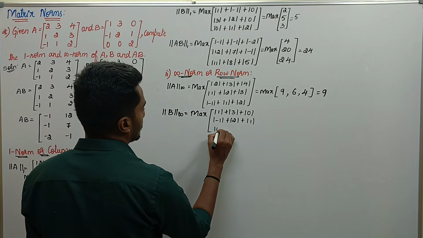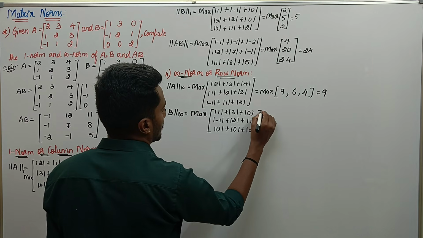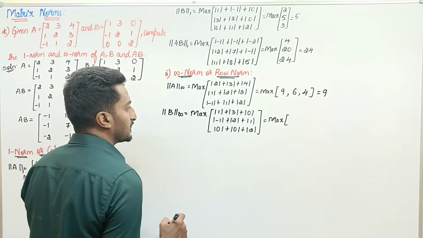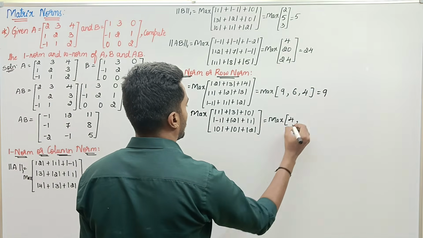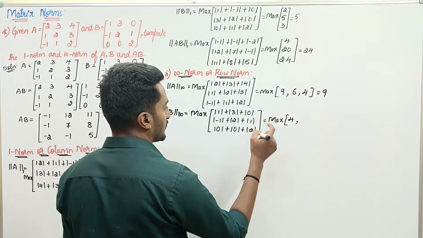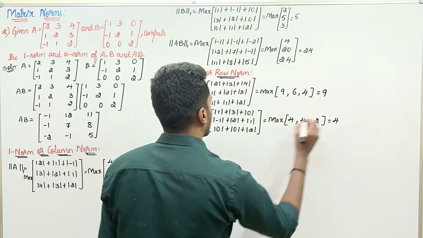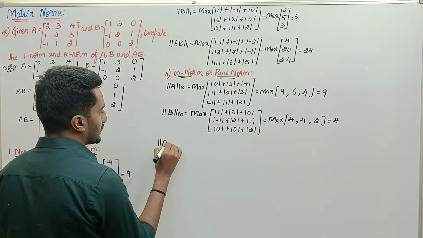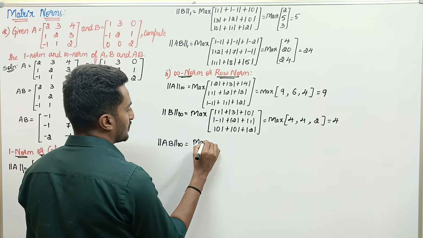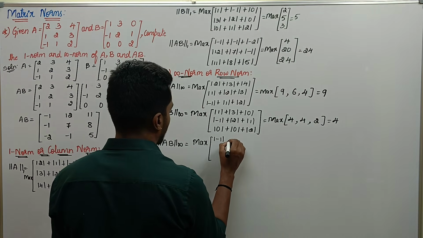The last, modulus 0 plus modulus 0 plus modulus 2, which is equal to the maximum of the rows: 1 plus 3, 4, comma, 1, 2, 3, 3 plus 1, 4, comma, 2. The maximum is 4.